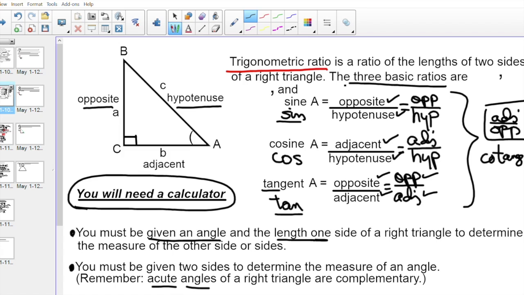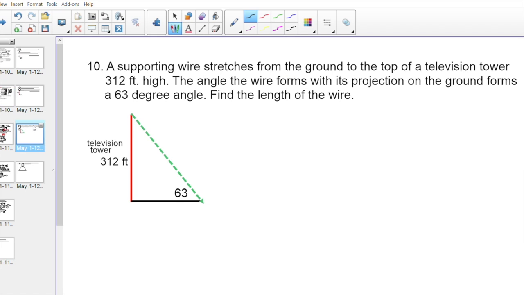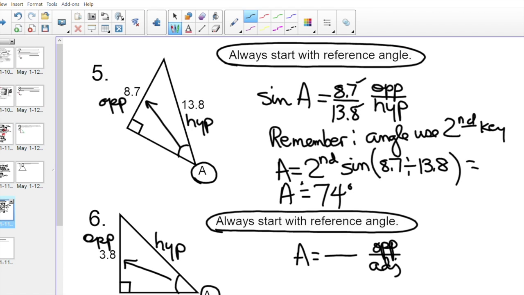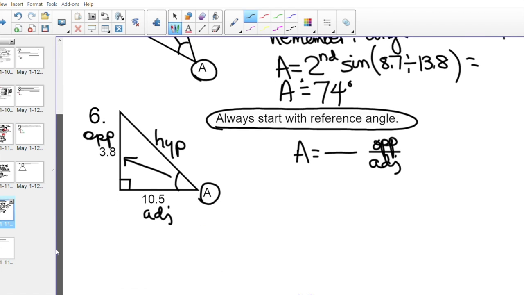But we're not doing cotangents. We're just doing sine, cosine, and tangent. Cotangent is for your next level of trigonometry. Now, let's get back to our problem at hand.